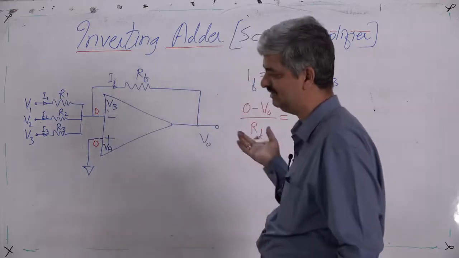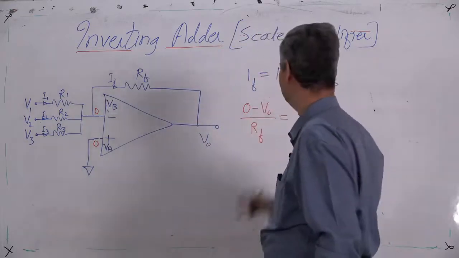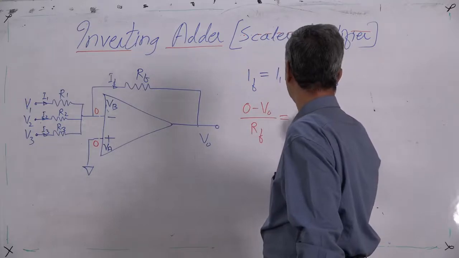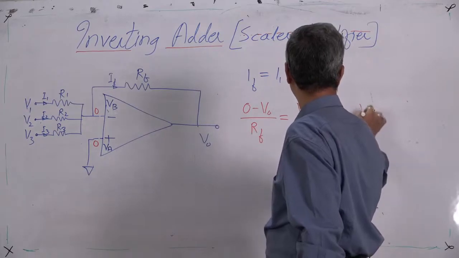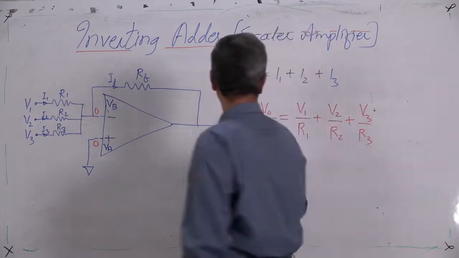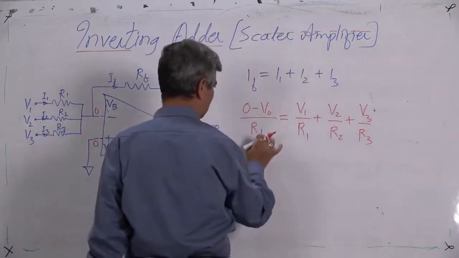I think there is no need now, it is quite simple and obvious. I1 is V1 upon R1 plus V2 upon R2 plus V3 upon R3.